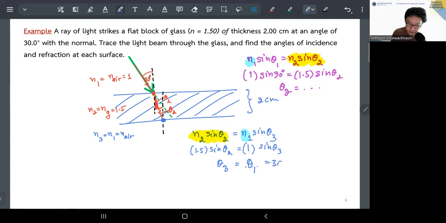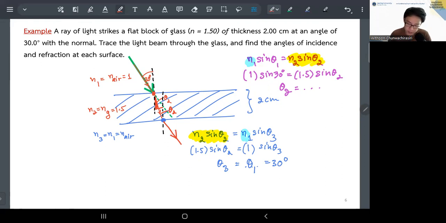That means of course you just go out at 30 degrees. So it's going to deviate out from the normal, but eventually it's going to carry on in the same parallel direction relative to the initial direction.